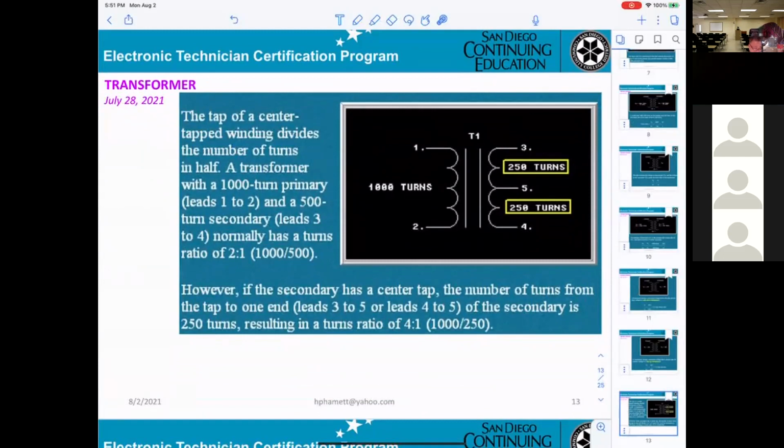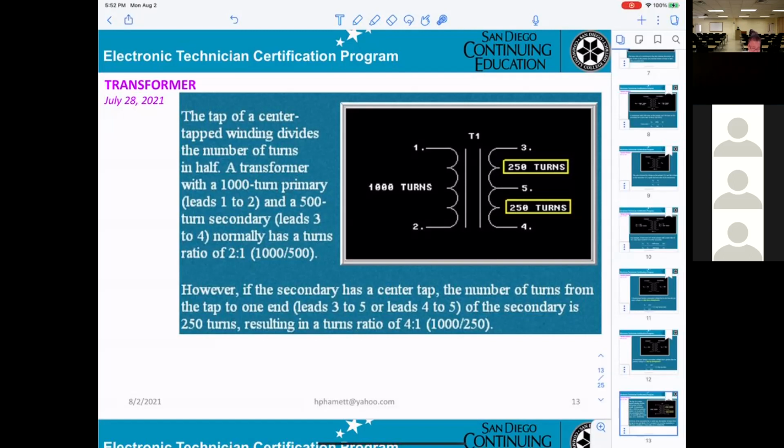Now, the tap of a center tap winding divides the number of turns in half. A transformer with 1,000 turns in the primary and 500 in the secondary normally has a turn ratio of 2:1. However, if the secondary has a center tap, the number of turns from the tap to one end of the secondary is only 250 turns.